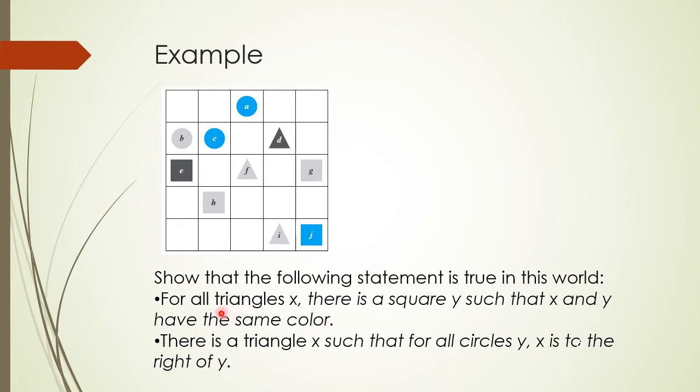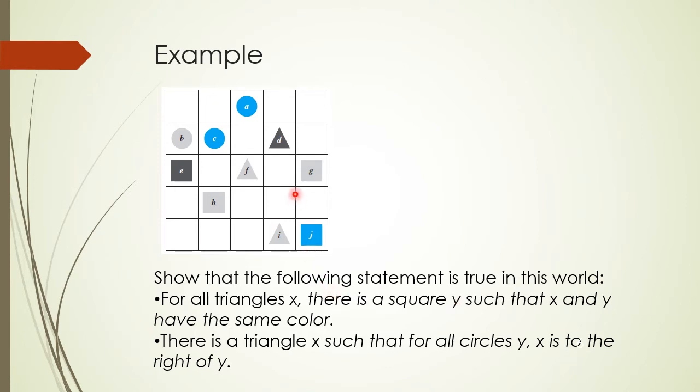In this statement, the for all quantifier, or universal quantifier, is on the domain triangles, and the there exists quantifier, or existential quantifier, is on the domain square, and we have a property that x and y have the same color. So for each triangle we need to find a square having the same color.